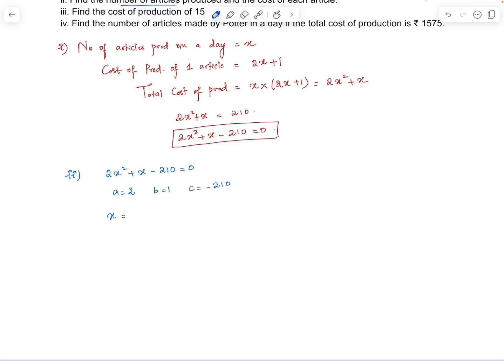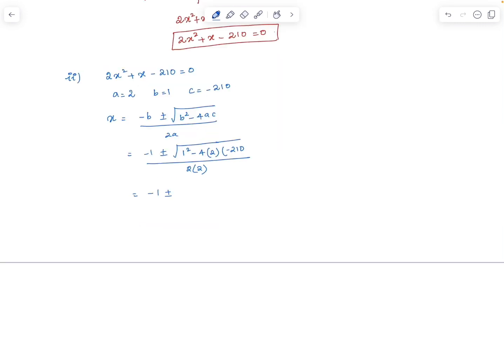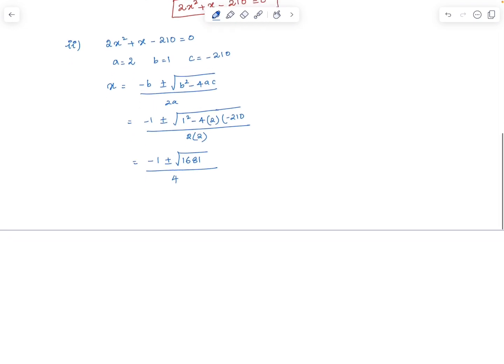Using the quadratic formula, x equal to minus b plus or minus square root of b square minus 4ac upon 2a, which is minus 1 plus or minus square root of 1681 upon 4. That is minus 1 plus or minus 41 upon 4. That is x is equal to minus 1 plus 41 upon 4 and x is equal to minus 1 minus 41 upon 4.